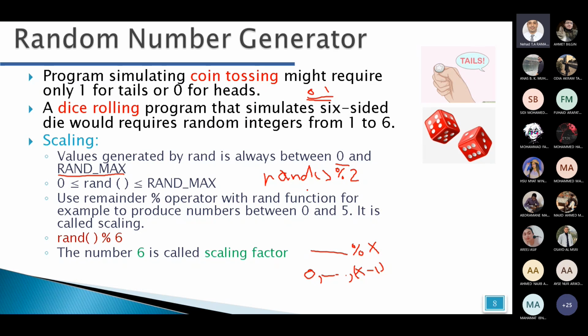Random mod 2 will give me 0 or 1 because the maximum will be 2 minus 1, which is 1.